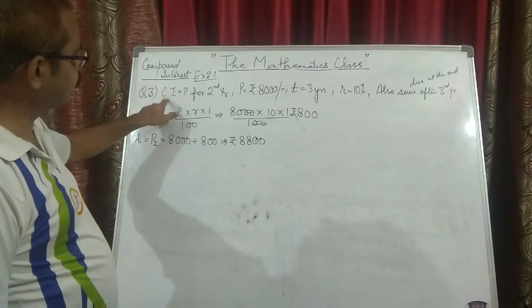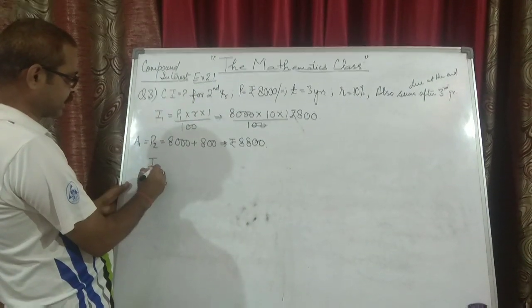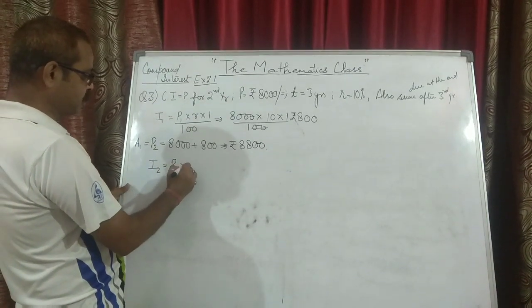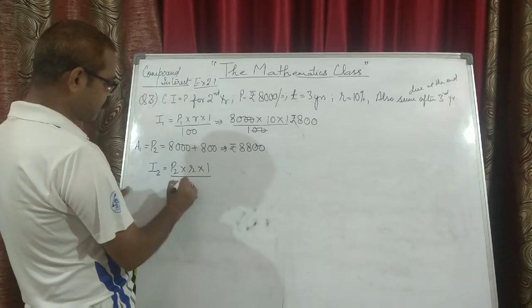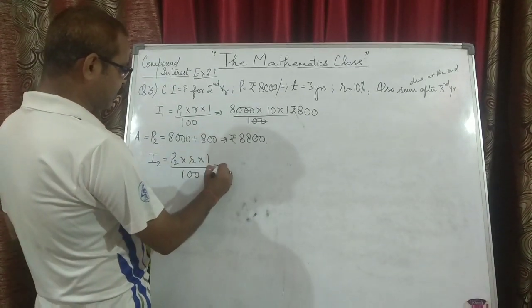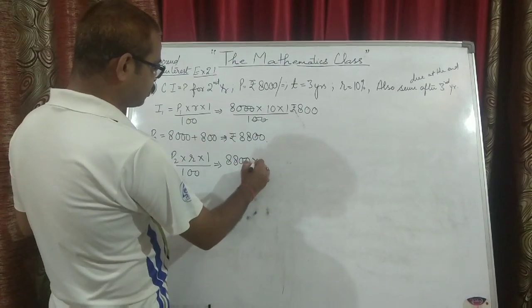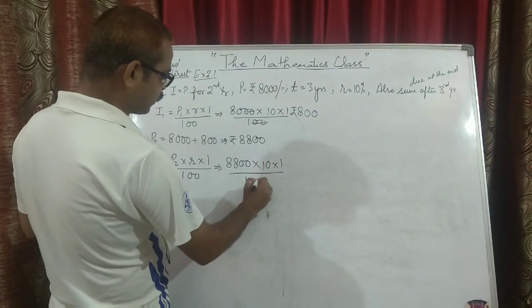We have to calculate compound interest for the second year. So interest for the second year, I am writing it as I2. Again the same thing, you will write P2 into R into 1 upon 100, that will be 8,800 into rate 10 into 1 upon 100.